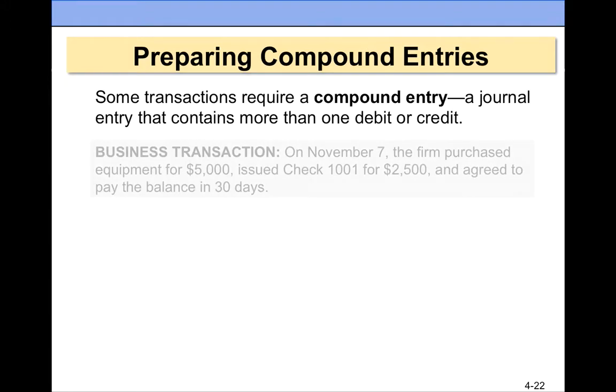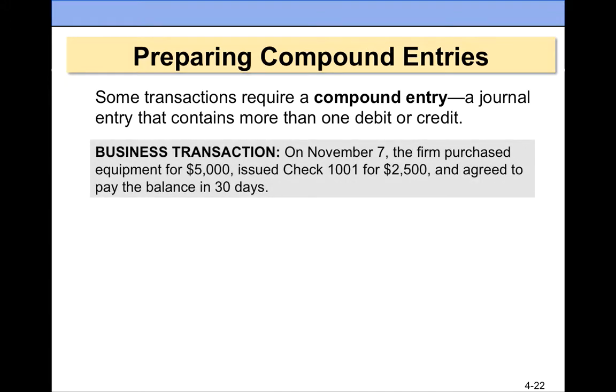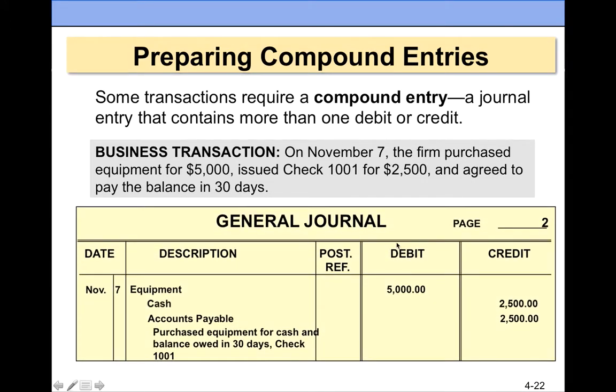In accounting, we will have more than one debit and or credit. So here's an example. We purchased equipment for 5,000, issued check for half, and the rest we pay the balance in 30 days. It's like, we looked at this transaction, right? You make a purchase, you pay some cash, it's your down payment, and the rest you put on the credit card, and you have to pay it back in 30 days. So here we have one debit, equipment, but you have two credits, cash and AP.